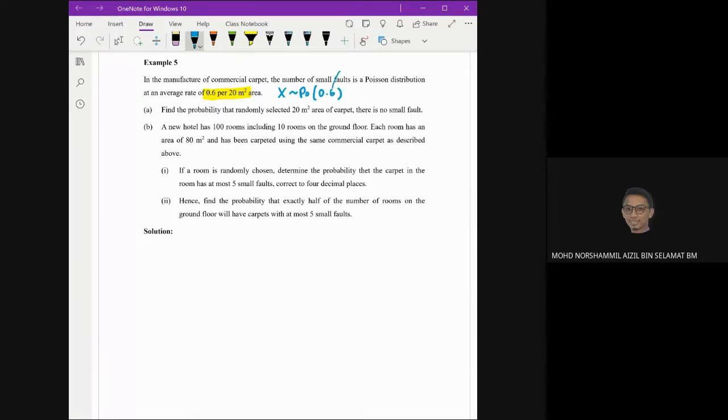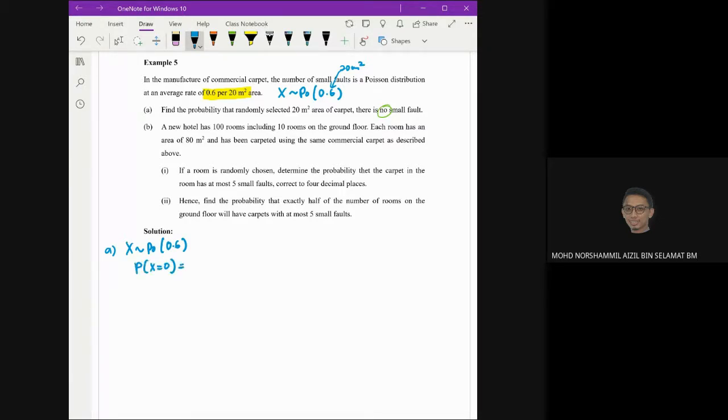Okay, 0.6 ni untuk size 20 meter square. Find the probability that randomly selected 20 meter square area of carpet, there is no small fault. Jadi part A, our distribution is Poisson 0.6. Probability no small fault. So probability of X equals to 0.